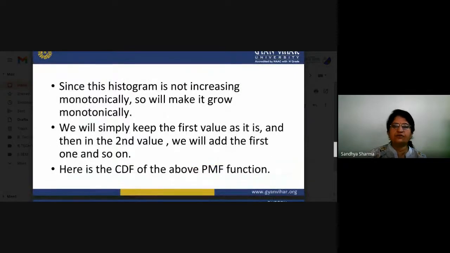See, this histogram is not increasing monotonically, so we will make it grow monotonically. We will simply keep the first value as it is, and then to the second value we add the first, and so on. So here is the CDF of the above PMF function.